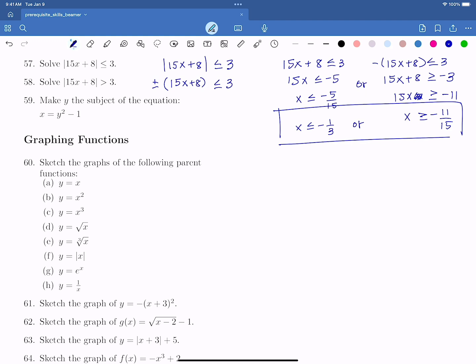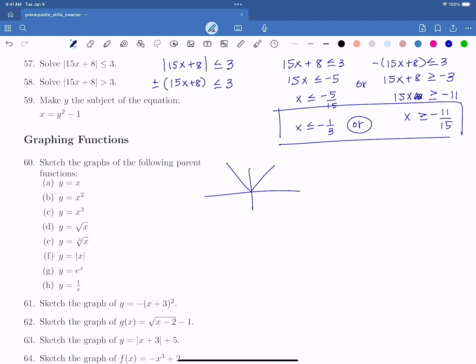Okay, the other thing we have to be careful about is whether we need this to be an or or an and. The absolute value of x just looks like this. The 15x plus 8, the 15 is going to stretch this vertically, and the 8 is going to shift it to the left.